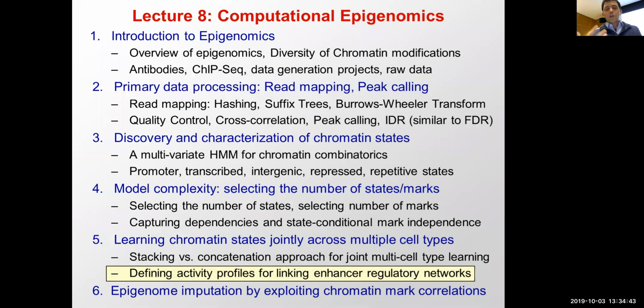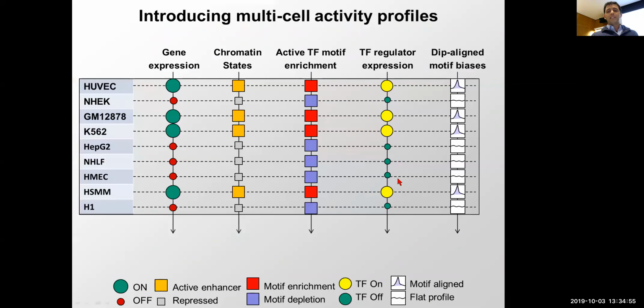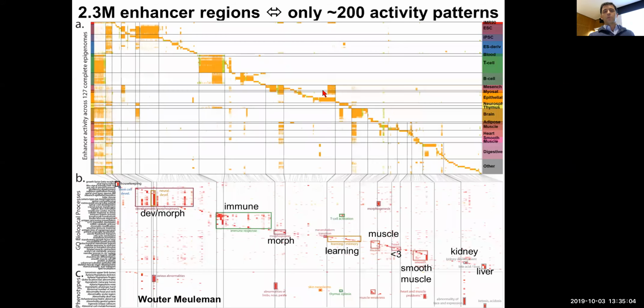So let's now go back to these activity profiles that I showed you and see how powerful they are, okay? The first thing that they allow you to do is start linking enhancers to their target genes. So when you see this correlation that I mentioned earlier between these regions and those regions, that allows you to establish links between these regions.